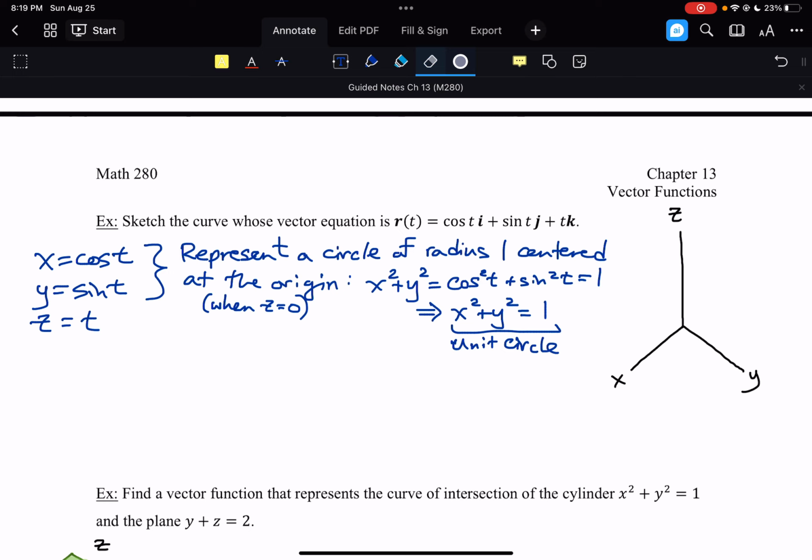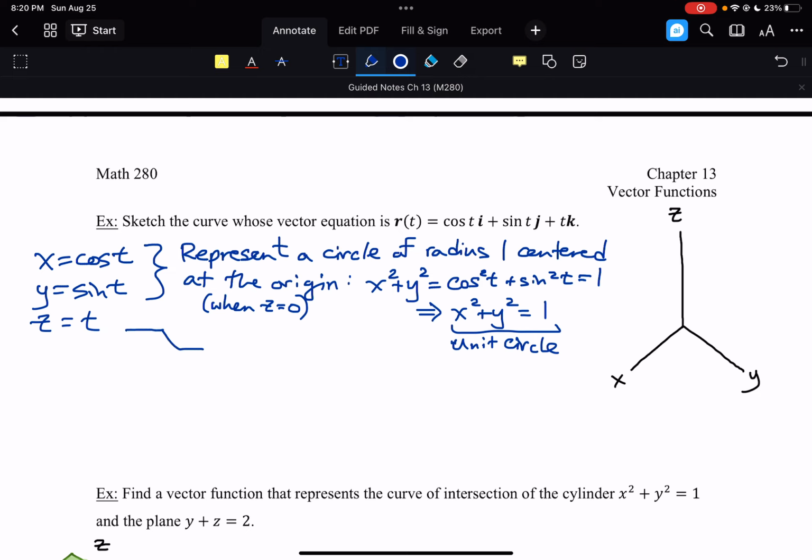However, we're in 3D, and z is also a factor here. So we need to think about what's happening. In the x and y directions, x and y are tracing out the unit circle over and over again until we tell them to stop. Now, what z is doing: z equals t, and t is our parameter.